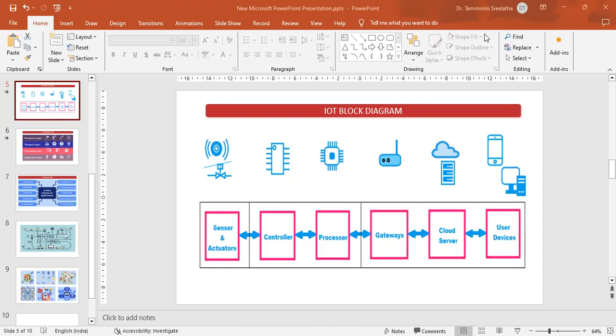Coming to our cloud server, it is the space for storing our data. It will store all our data which we are processing or which we need to transmit by using our IoT. It will store all the data of an IoT system and it will serve the users when they request it. This will help to control our devices over the internet.